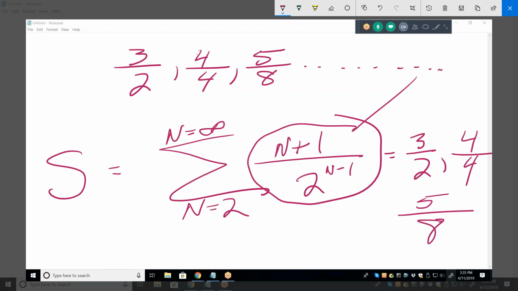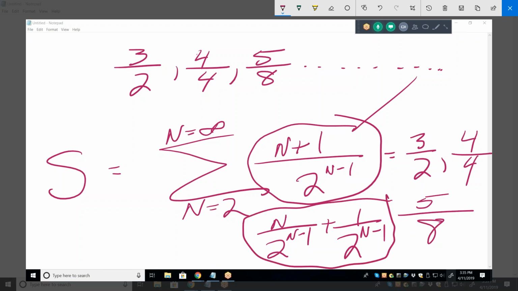And that is, I can turn this thing into n over 2 to the n minus 1 plus 1 over 2 to the n minus 1. So there's another way to express that series, and I would need summation marks in front of each. In other words, the sigma of the sum is the sum of the sigmas.